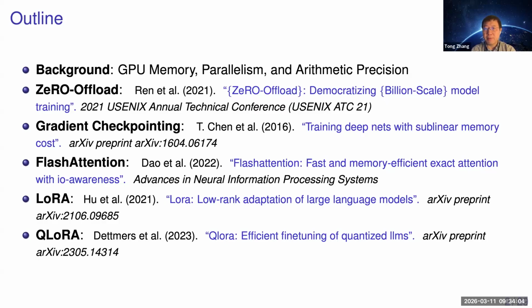There are various adapters that have been studied in the past few years, but the one that actually survives, and is most used nowadays, is low rank adaptation. Along with LoRA, there is QLoRA, which is a combination of two ideas: one is low rank, the other is quantization.